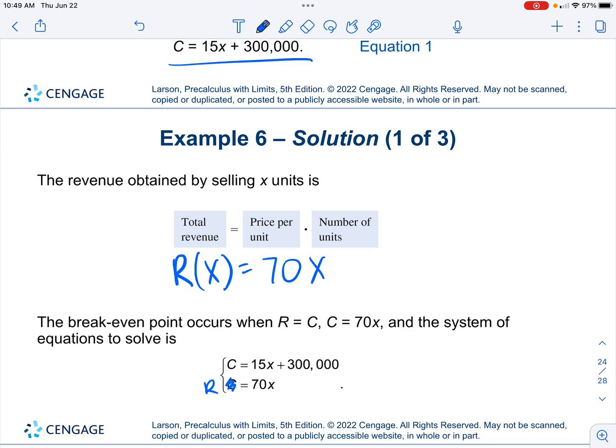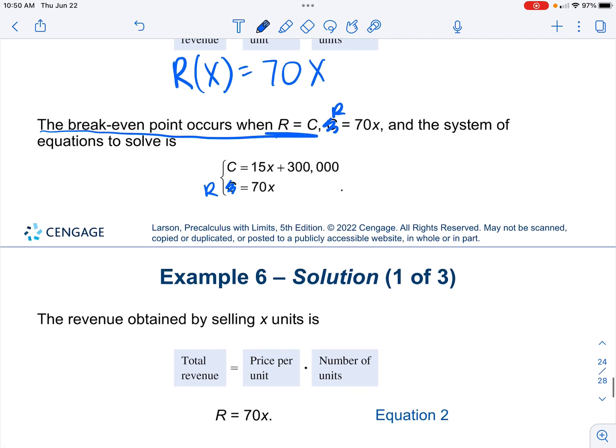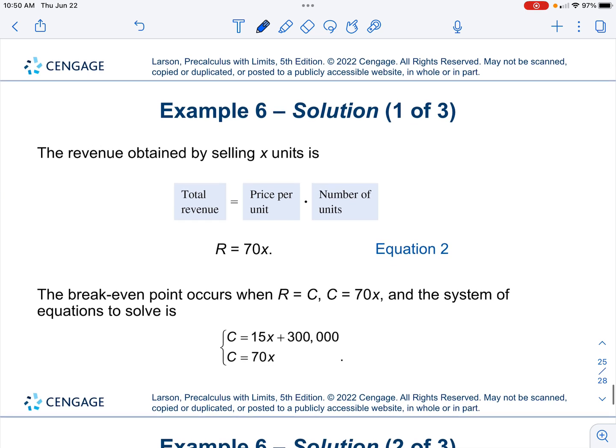So the break-even point here, it says that the break-even point occurs when R equals C, revenue equals cost. So I have revenue is 70X and cost is 15X plus 300,000. So what I'm going to do in order to solve it is I'm going to set them equal to each other.